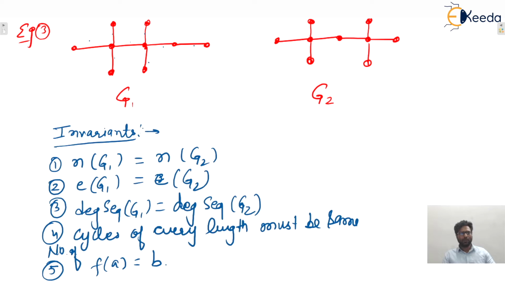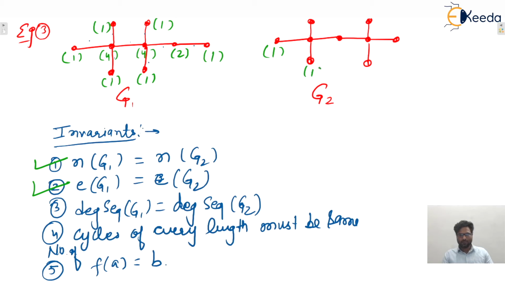So first of all, the first condition is true, both have the same number of vertices. In the second, the number of edges is also the same. Third one, degree sequence. Let's say this vertex has degree 1, this has degree 4, this has degree 4, this has degree 1, this has degree 1, also degree 1, degree 1, degree 2, and degree 1. Here also degree 1, degree 1.